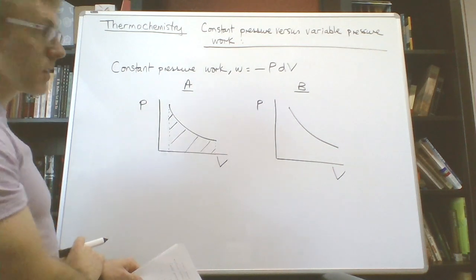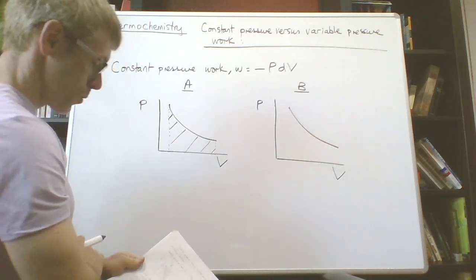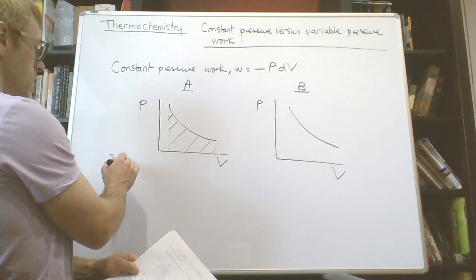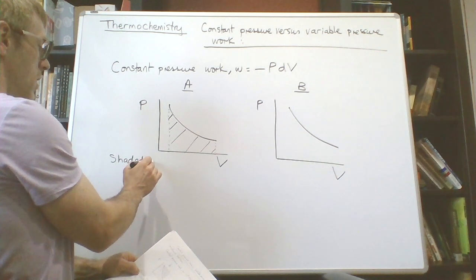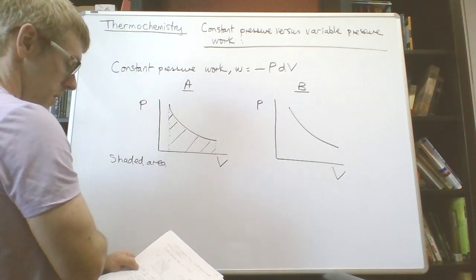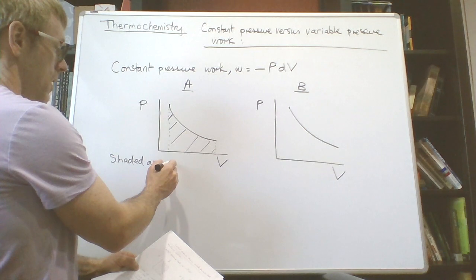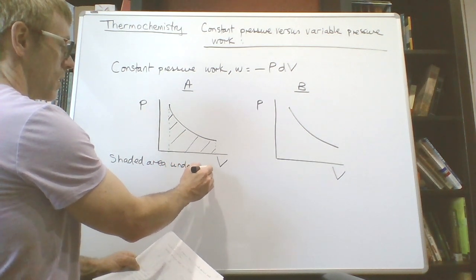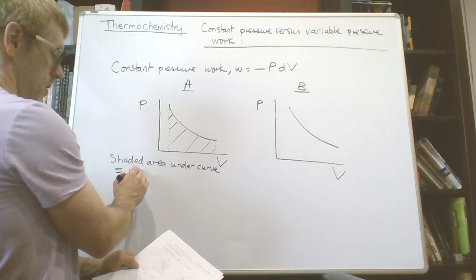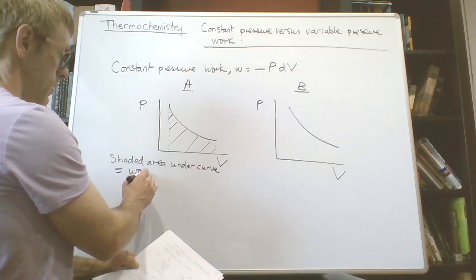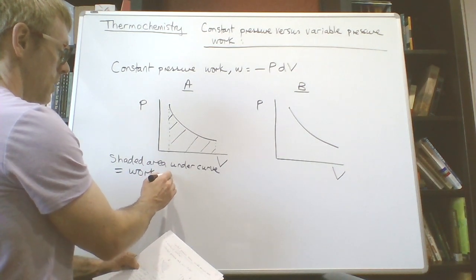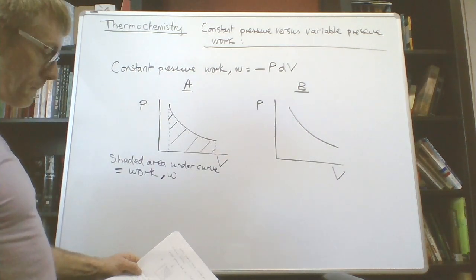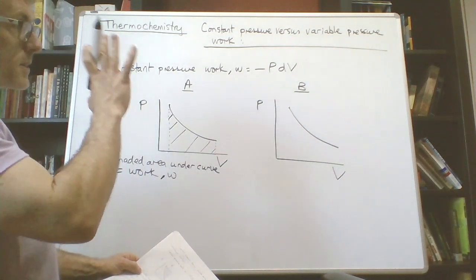If I look at that area, then the area under the curve is work. So I'm going to say that the shaded area under curve is the work. Okay, so it's that value W, or at least it's supposed to be.